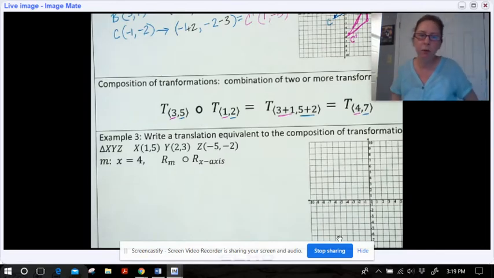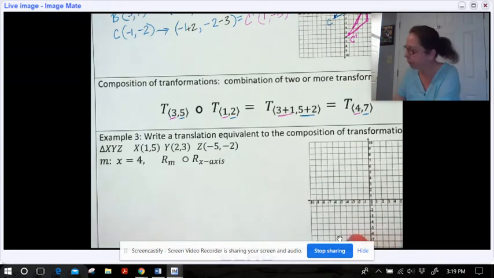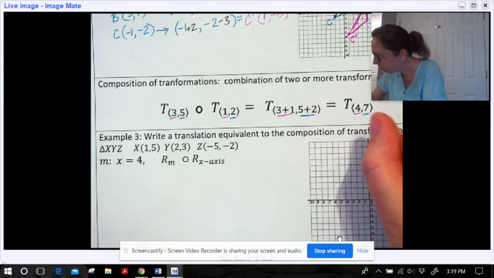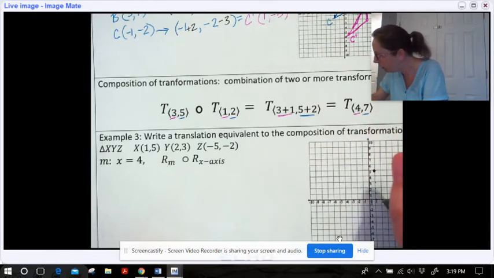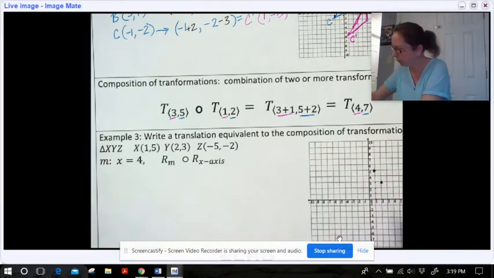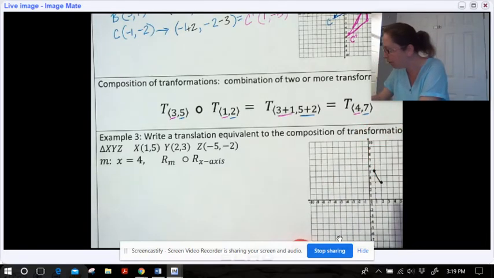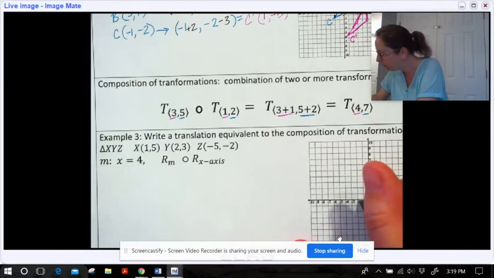Now, the first thing that I want us to do is to plot the original triangle, XYZ. Okay, I want us to plot the original triangle. So I'm going to go over 1, up 5, over 2, up 3, and then -5, -2.